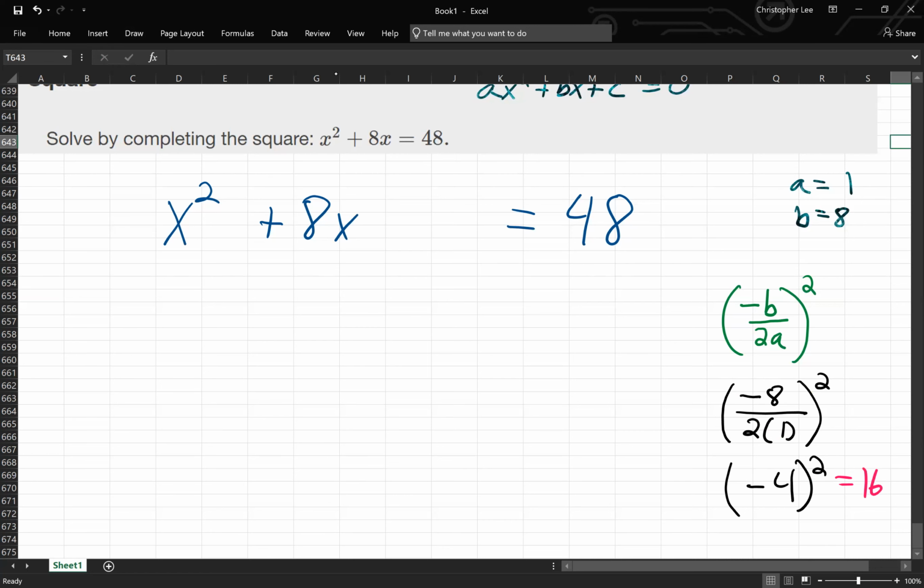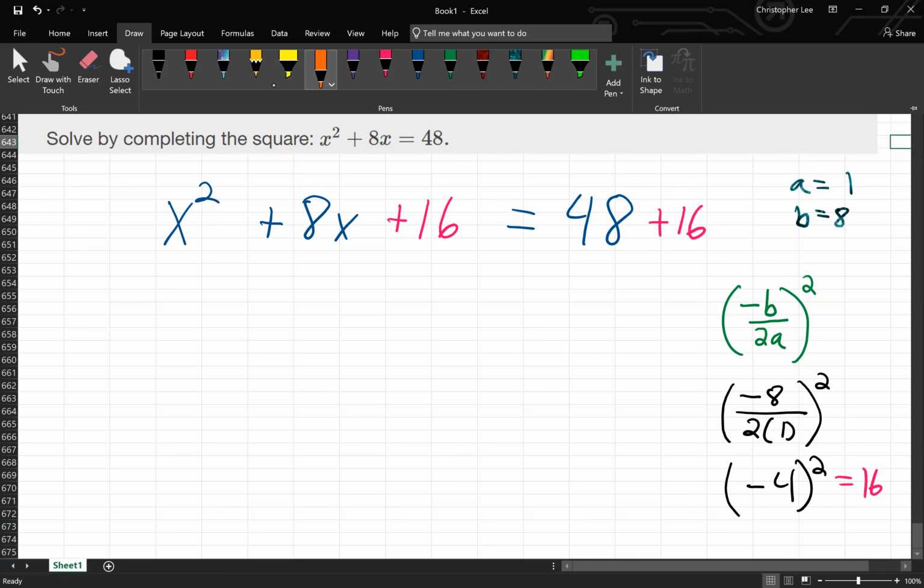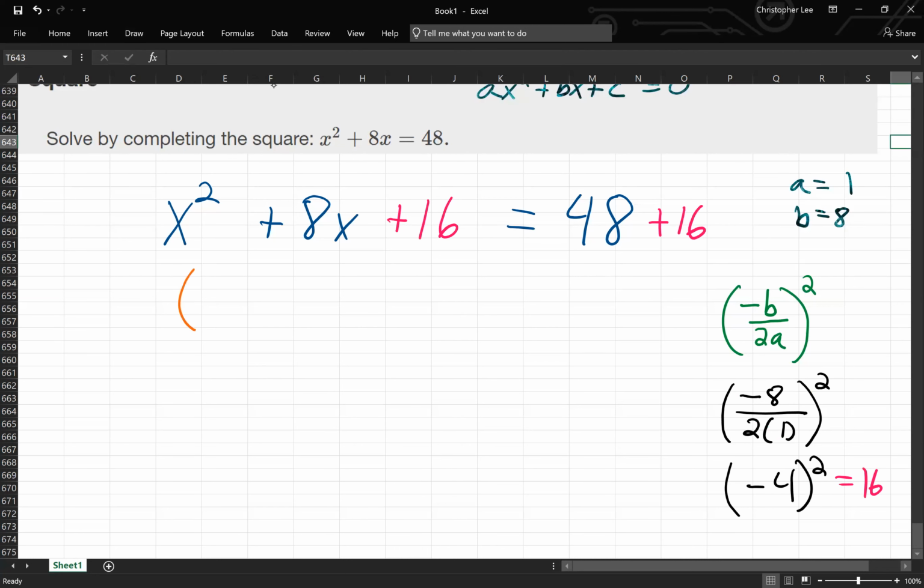This is what I want to add to make this into a perfect square trinomial, right? But here's the thing. What I do to one side of the equation, I've got to do to the other side of the equation. Right there, right? Now, I feel like you guys could do this, right? What's the factor of x squared plus 8x plus 16?